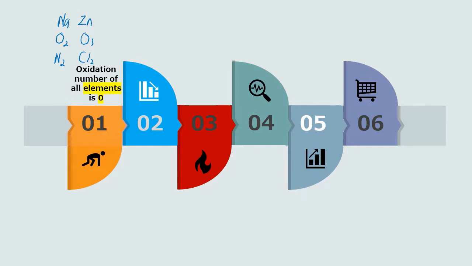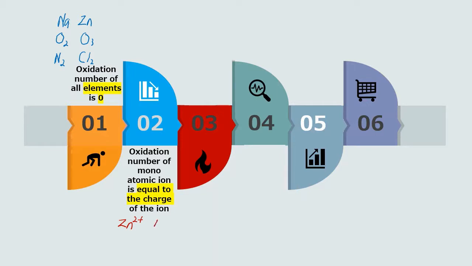Next, rule number 2. The oxidation number of a monoatomic ion is equal to the charge of the ion. What is a monoatomic ion? Zinc ions. So the oxidation number of zinc ion is +2, equal to the charge.